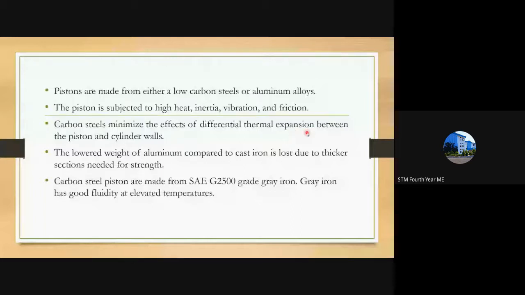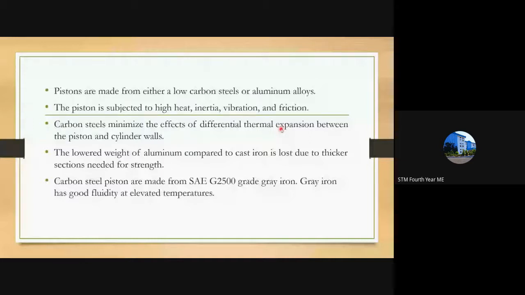So thermal expansion occurs when a metallic component such as a piston is present inside the engine. Then it becomes tighter. So when we use carbon steels, it minimizes the effect of thermal expansion. The expansion that occurs in such a piston will be much lesser.